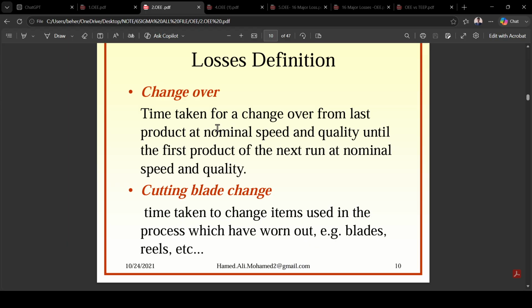That is the changeover time. Cutting blade change: time taken to change items used in the process which have worn out, for example blades or reels, etc.